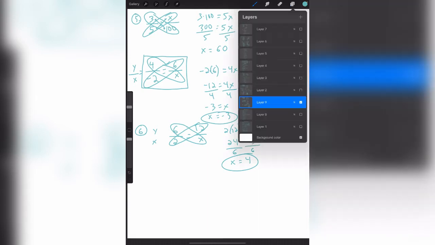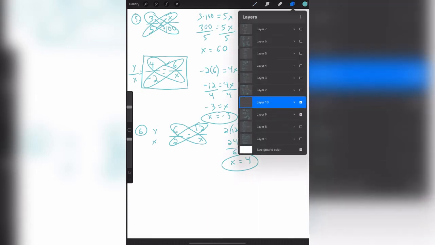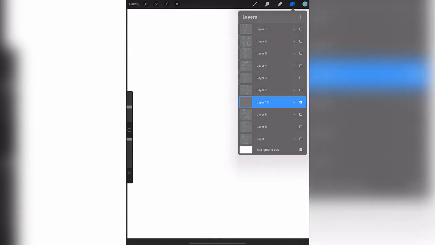Moving on, I'm going to go ahead and pull up a new layer here. So for number 7, it says make a table of x and y values of at least 3 points and use it to graph the direct variation equation. So the first thing it says make a table of at least 3 points.